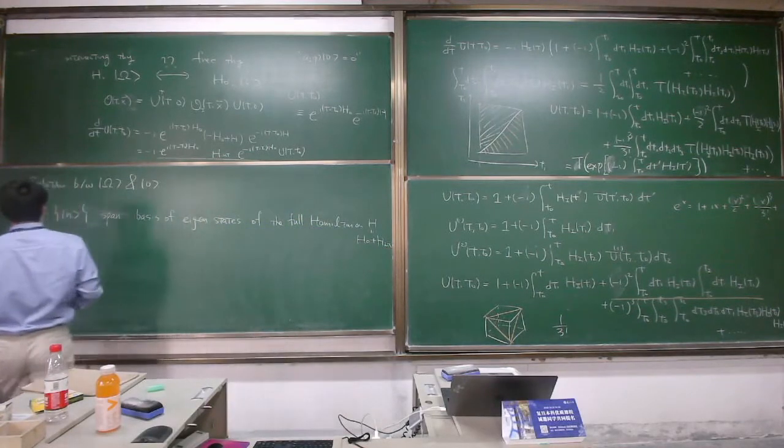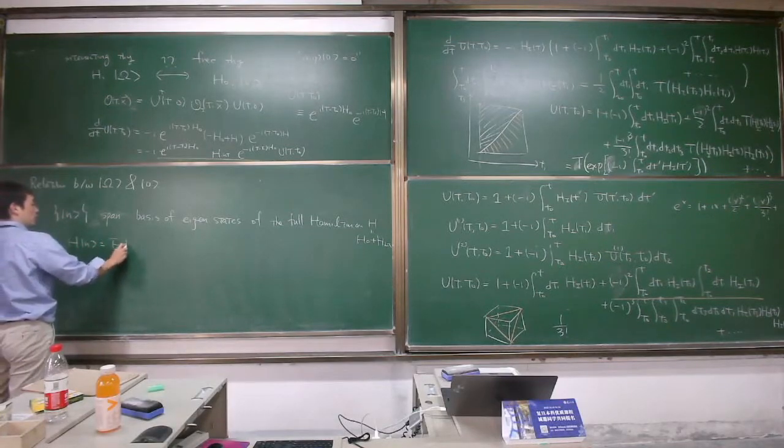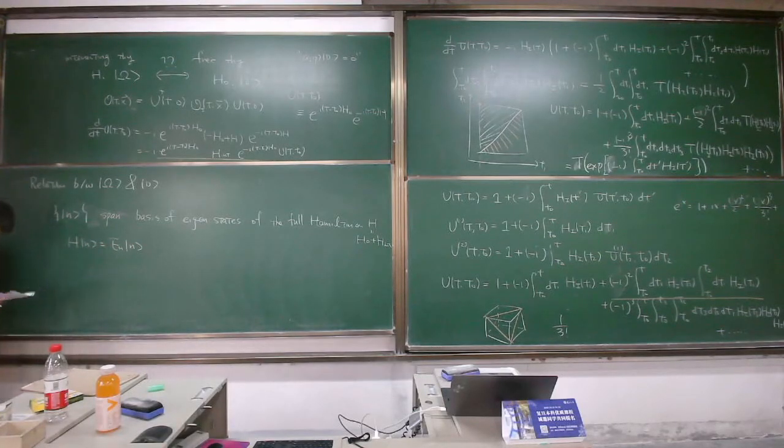And we write down that H|n> is E_n|n>. That's the basis of the full Hamiltonian.